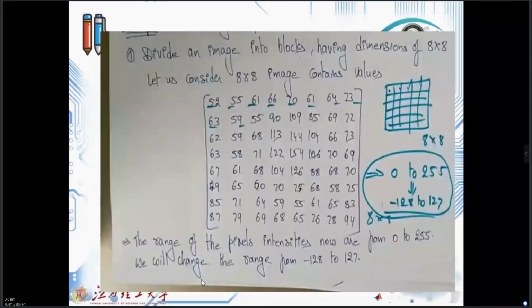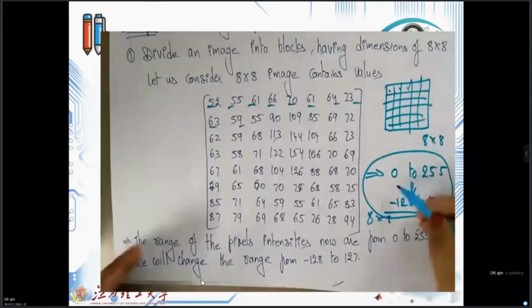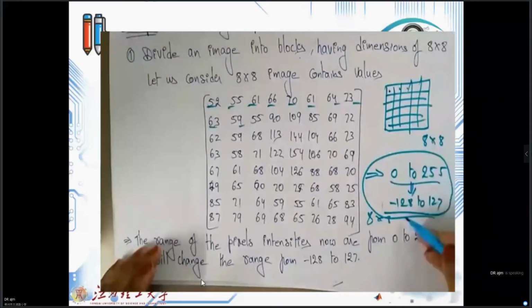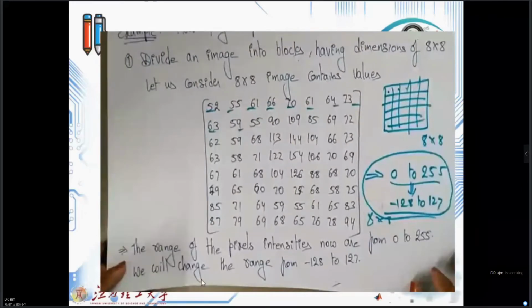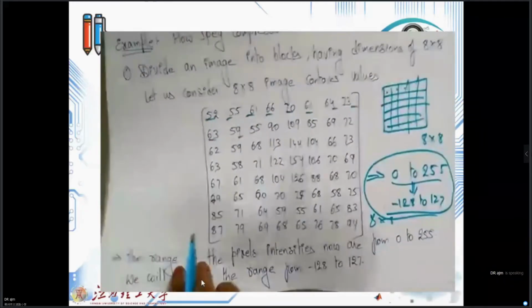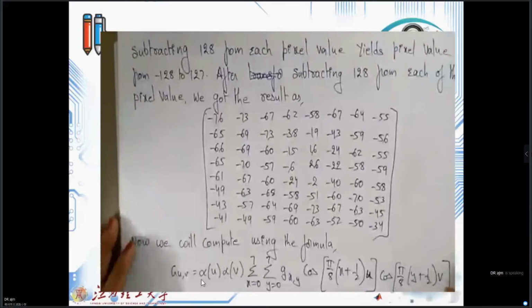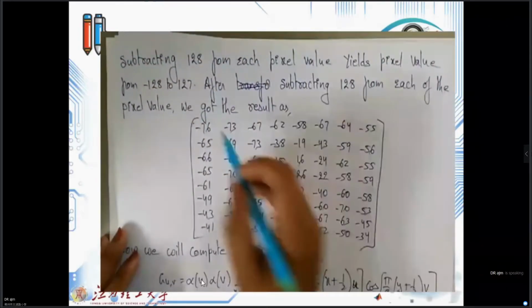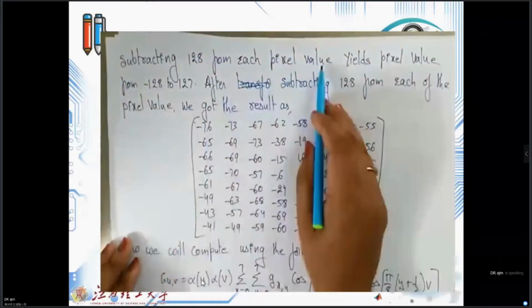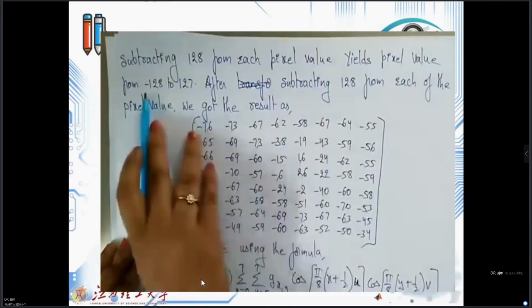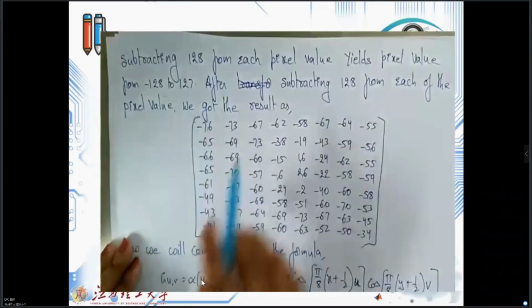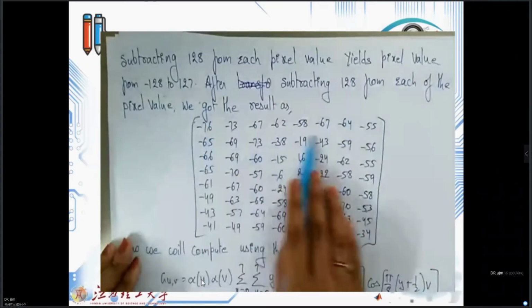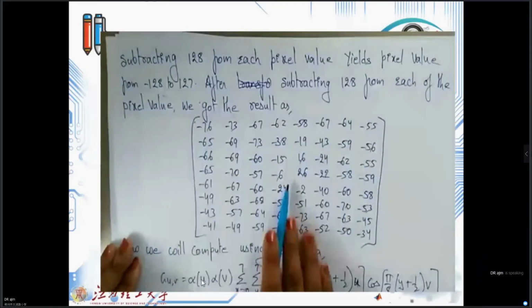Then 0 to 255 as the RGB should come to minus 128 to 127. How? Simple. We should subtract 128 from each pixel value, which yields pixel values from minus 128 to 127. And then you will have these numbers.